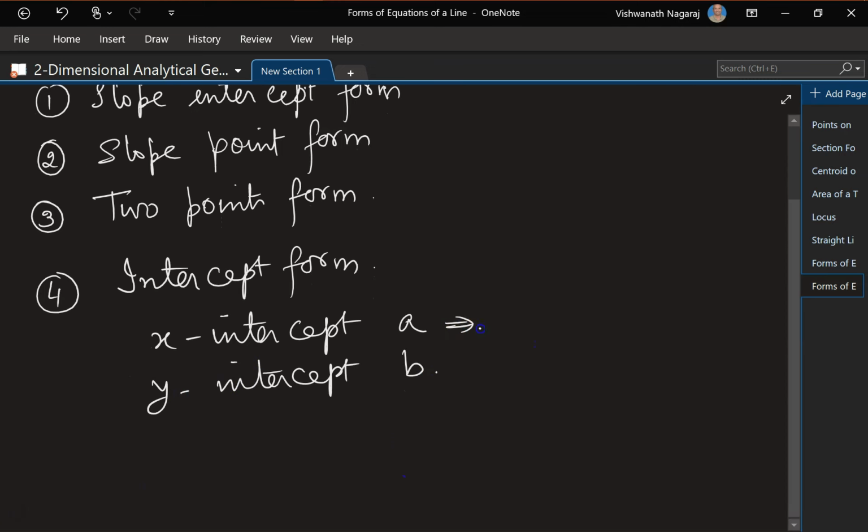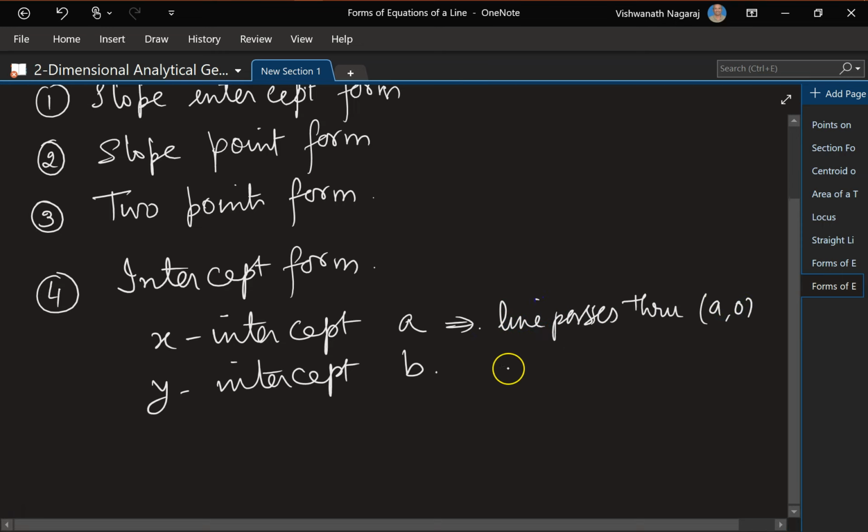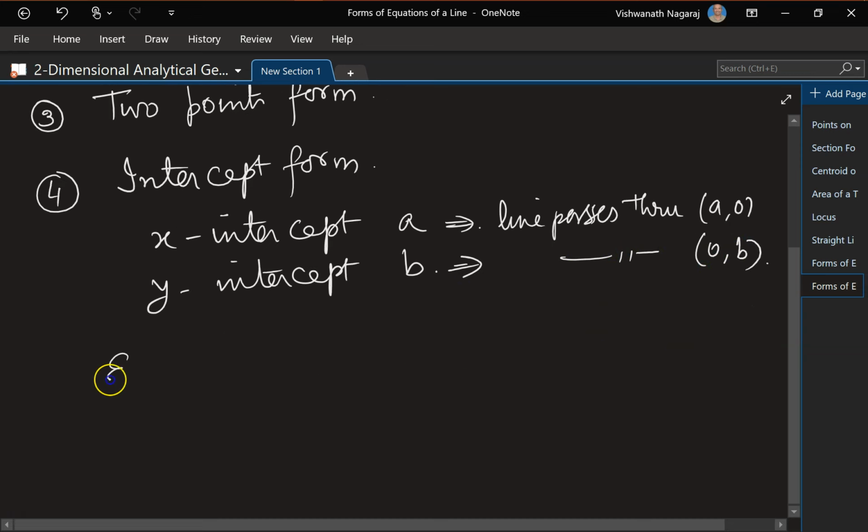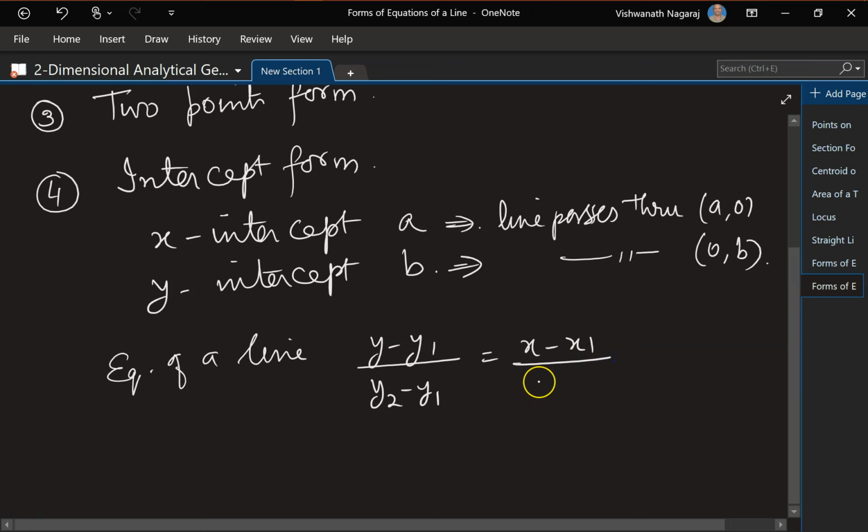Because of this, the line passes through (a, 0), and because of this it passes through (0, b). So we have already seen the equation of a line is (y minus y1) by (y2 minus y1) is equal to (x minus x1) by (x2 minus x1).